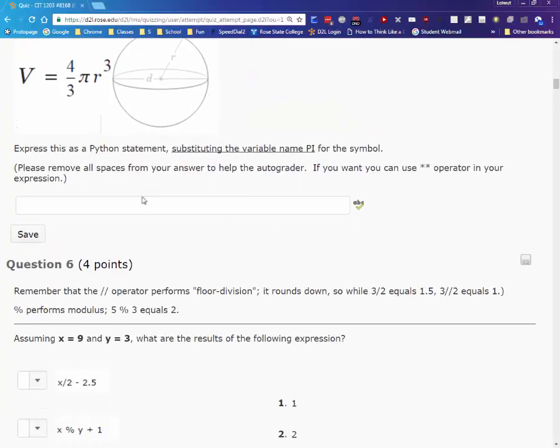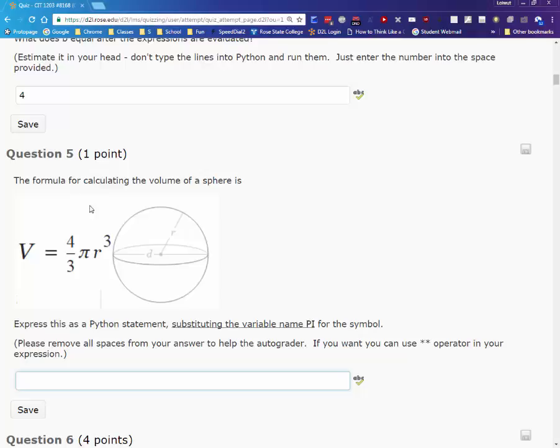On this question, the most common mistake, here we have to turn this formula into an expression. Sometimes people leave off the multiplication symbols. Sometimes I see things like 4 divided by 3, pi, r. In this language, we can't do that.